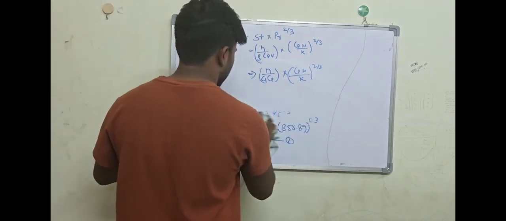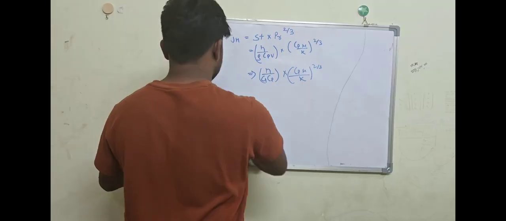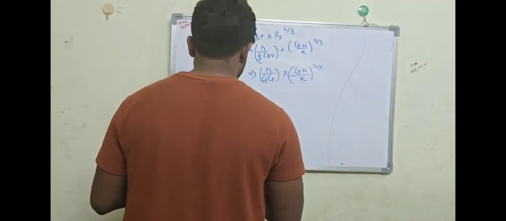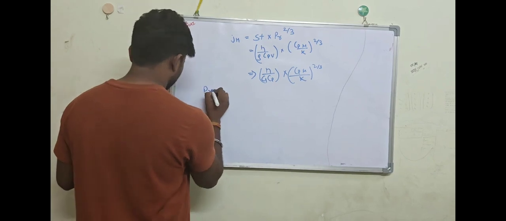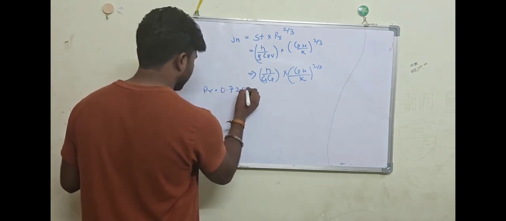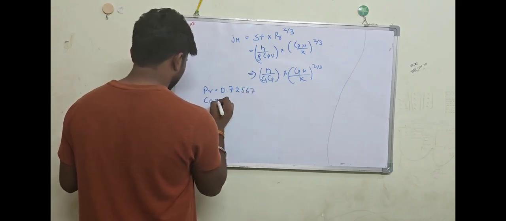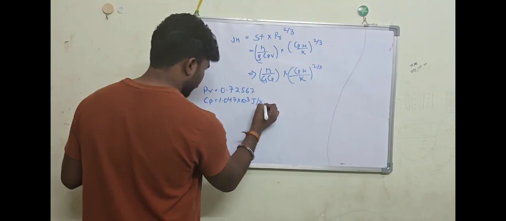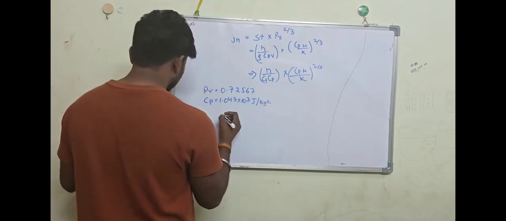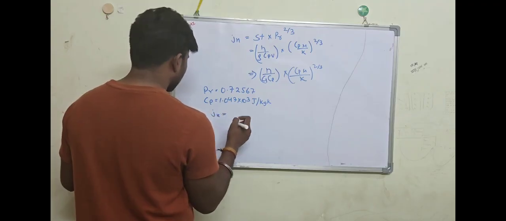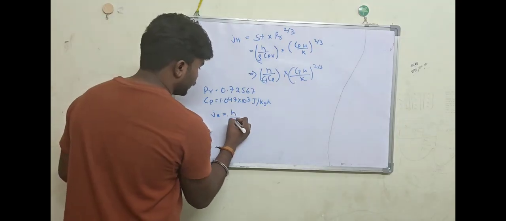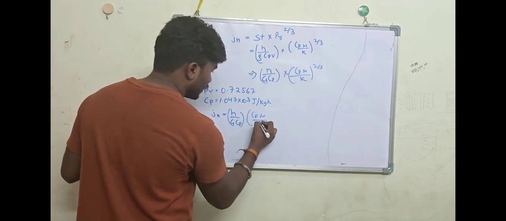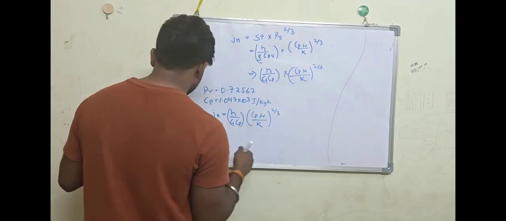As given in the question, the Prandtl number was 0.72567. Cp was given as 1.047 into 10 to the power 3 joule per kg Kelvin, that is in SI units. And JH we calculate as H upon G Cp into Cp mu upon K to the power 2 by 3. We will put all these values.